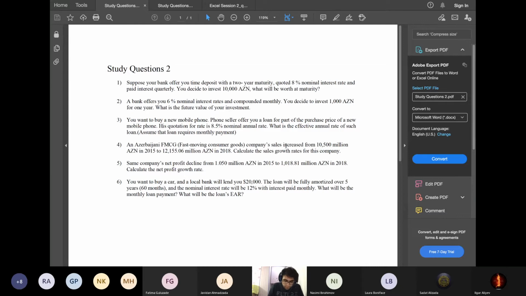Investment, present value, 1000 AZN. So the same thing. In order to find future value, we multiply present value by 1 plus 0.005 to the power of 12.